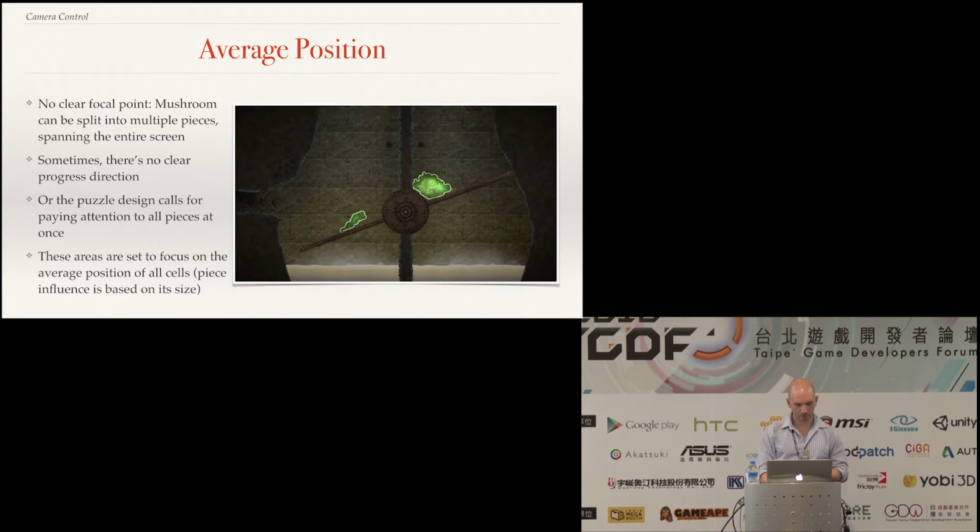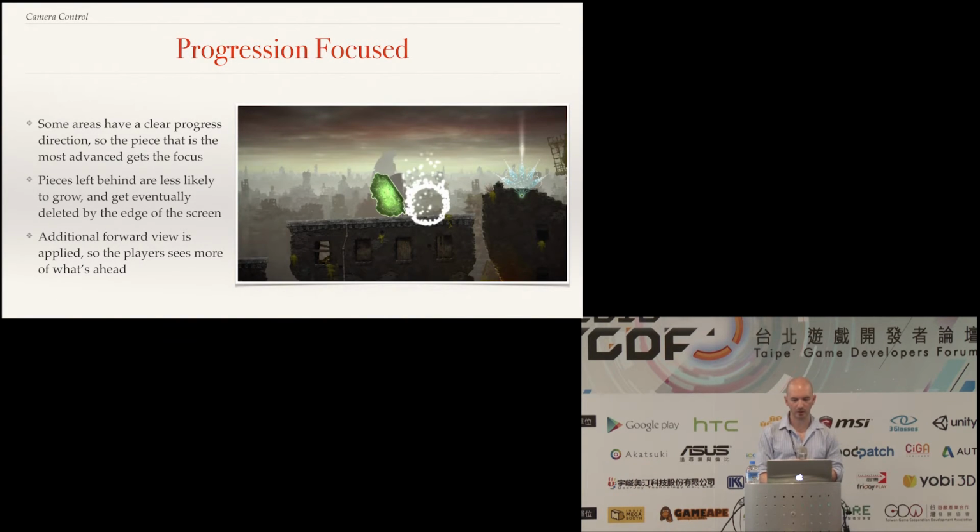But in some areas, there's a clear progression trajectory. Like in this case, you go from right to left. The focus is always on the pieces that are in front, and the pieces that are left behind are also less likely to grow, and as they get to the edge of the screen, they get destroyed.